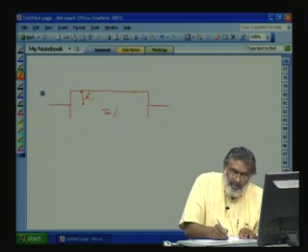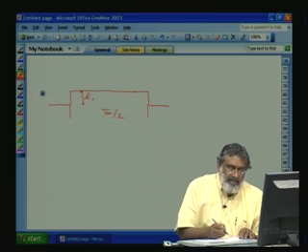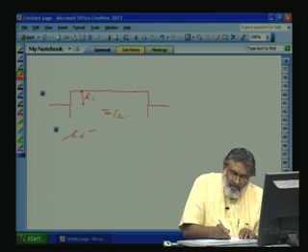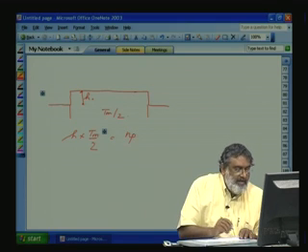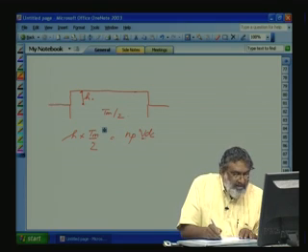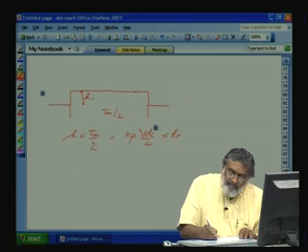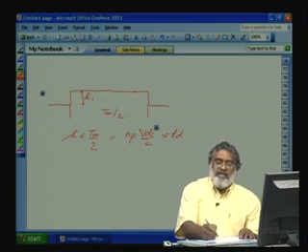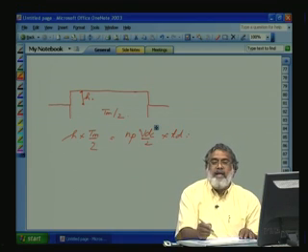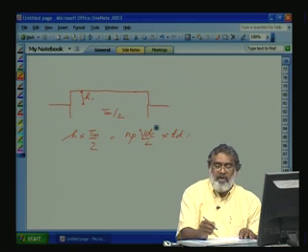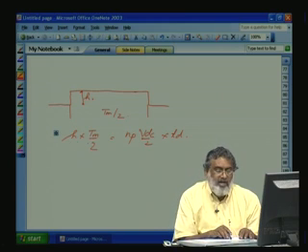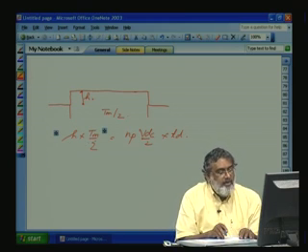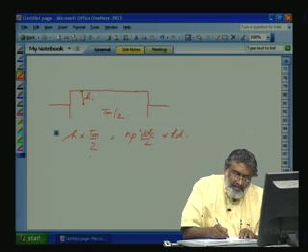So, what is the area? H into Tm by 2 is equal to number of pulses into VDC by 2 into TD. It's a rectangle approximation. This is the total area in a half cycle because of the number of pulses. We are equating to a square or rectangular pulse of height h into Tm by 2. Okay. So, what is h?